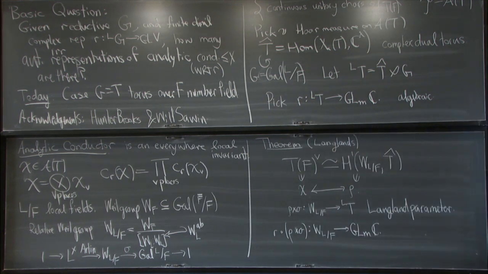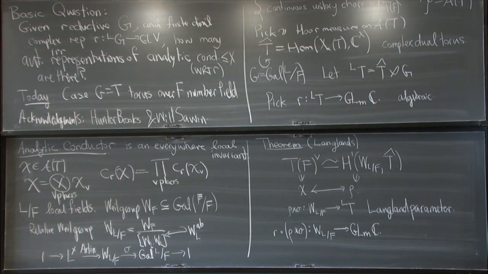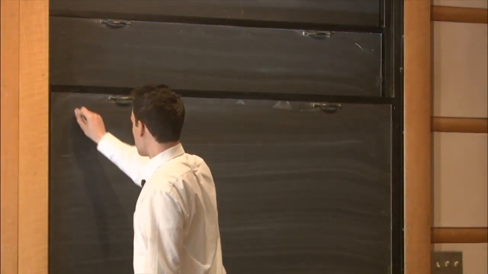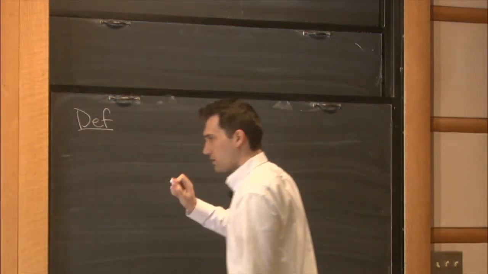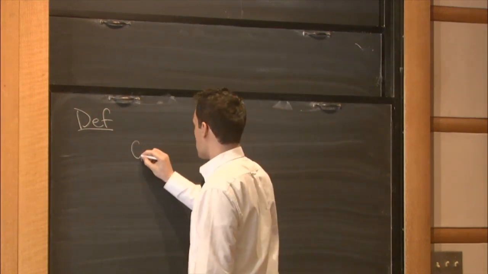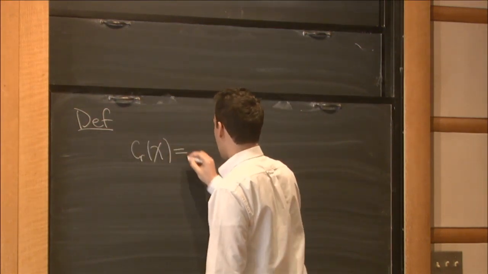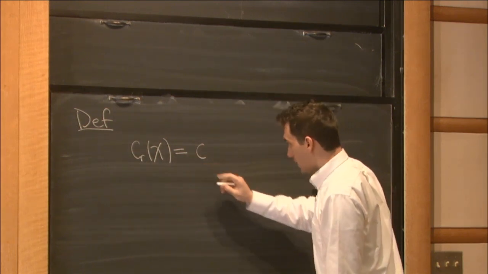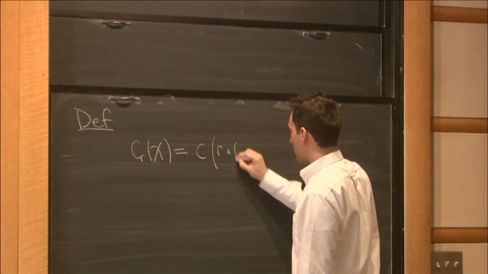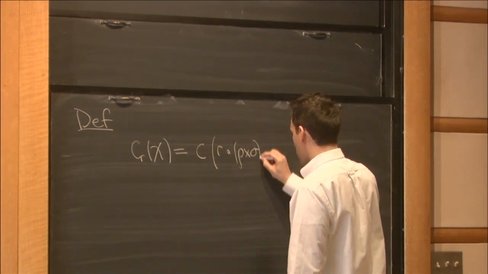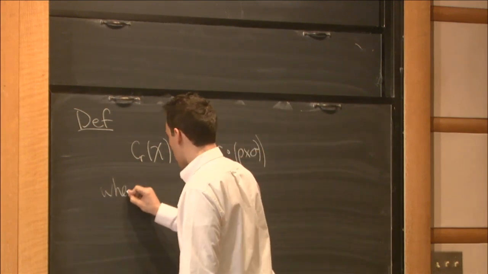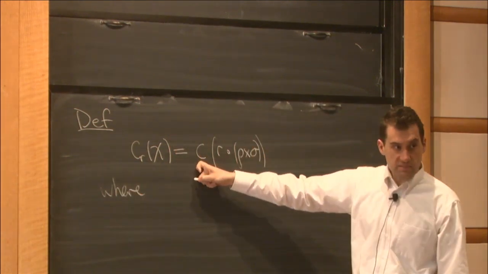OK, so then the definition of the local analytic conductor, C_R of chi, is the conductor of the corresponding R composed with the Langlands parameter. What does this C mean?